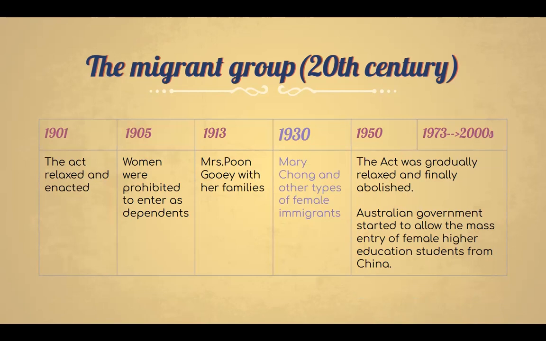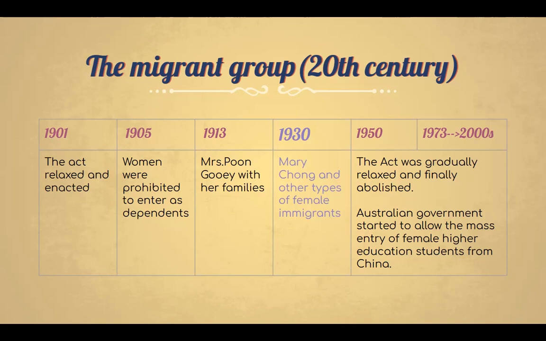Mary Chong, a second generation immigrant born in Australia, was the first woman of Chinese heritage to graduate from an Australian university and worked in the government from 1930 to 1940. Mary's example demonstrates that there was a very small group of Chinese women who were able to successfully complete their education, as well as work in Australia without being openly challenged by the pro-white Australian government and society.